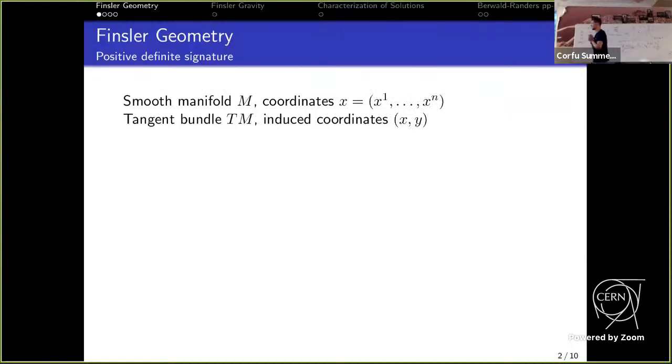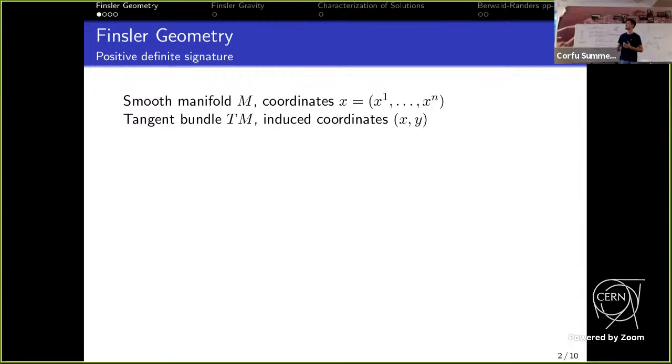Okay, so the main way in which Finsler geometry generalizes Riemannian or pseudo-Riemannian geometry is that the usual geometric objects that you all know from Riemannian geometry now become dependent not only on the position in your manifold, but also on the direction. We describe this as follows.